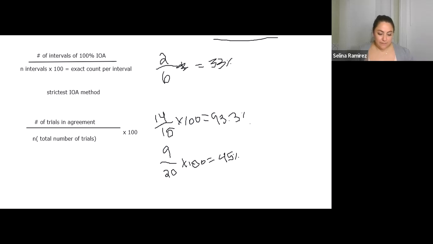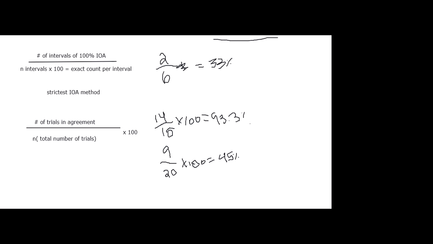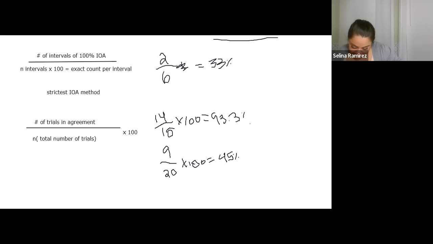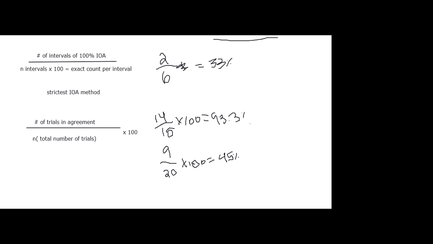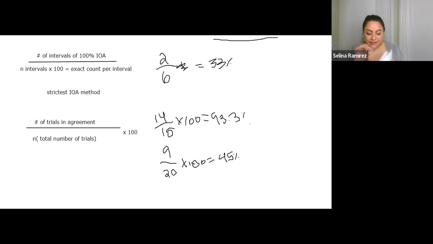I think there are 9 different IOA measures. The 4 formulas are only for the event recording ones, but there are more formulas. But she's saying a lot of them are the same.